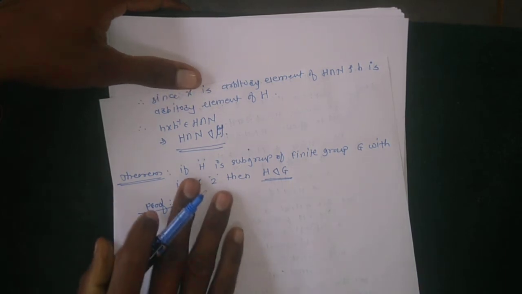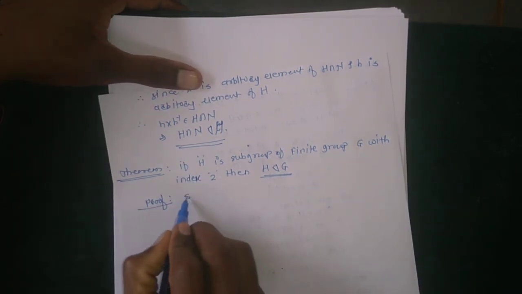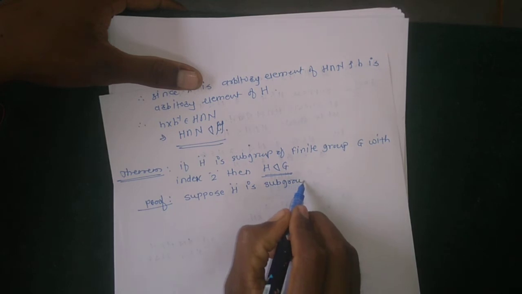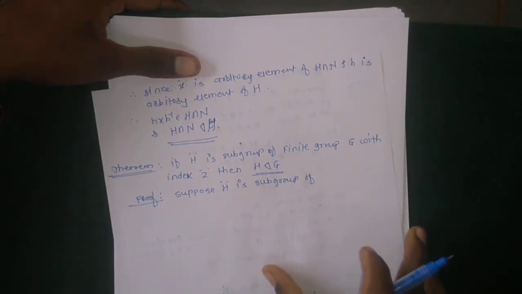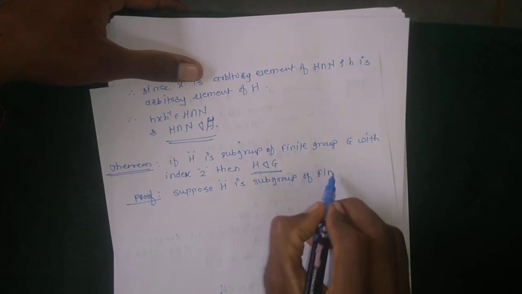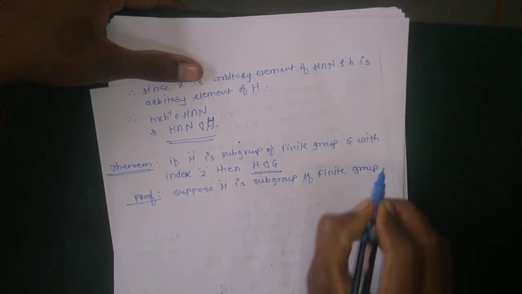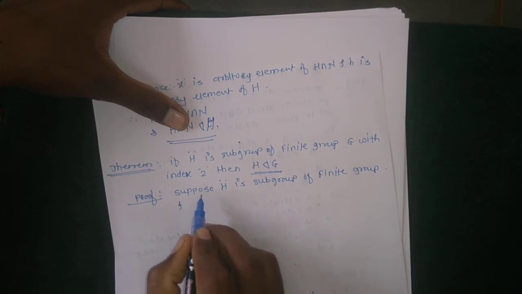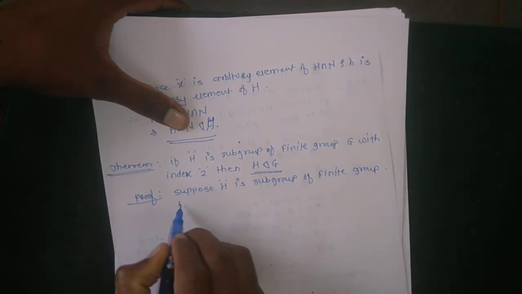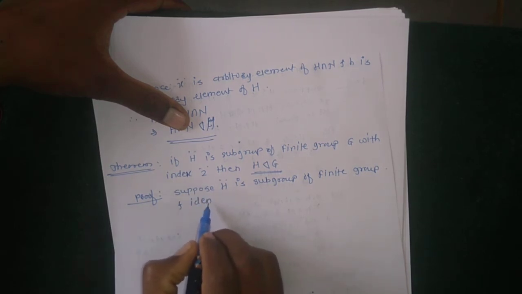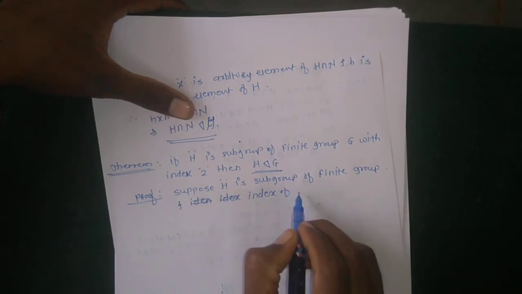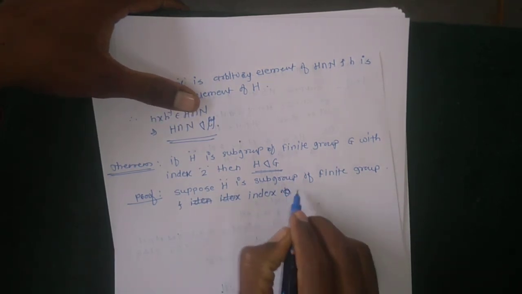Proof: suppose H is a subgroup of a finite group G, and the index is 2.